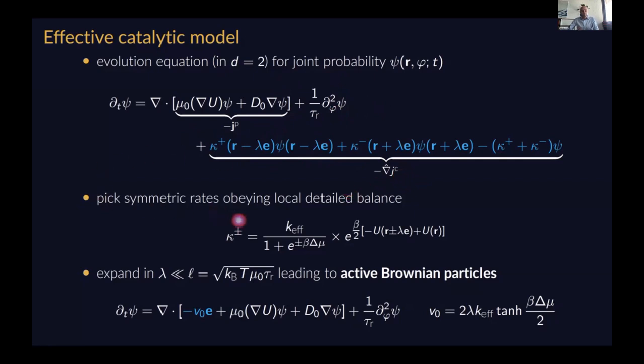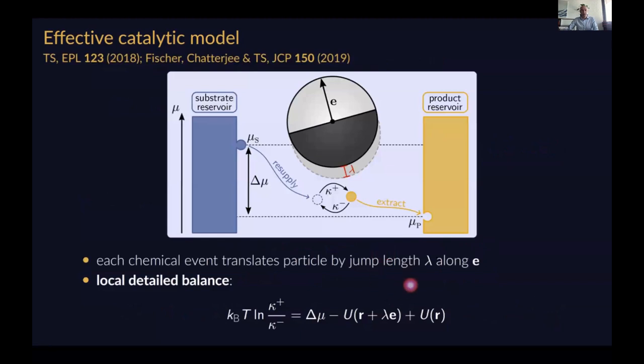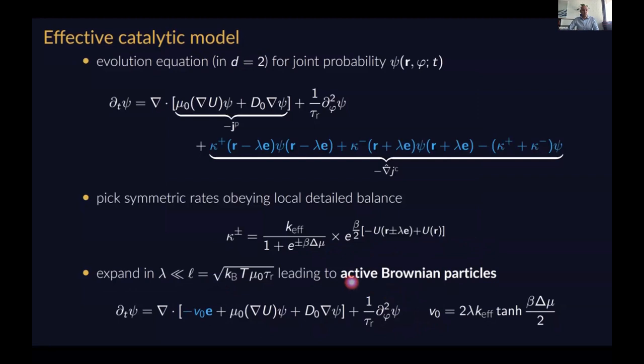And now we have to pick rates that agree with the rates that we picked for the simulations. The specific set of rates that we picked is shown here. Essentially, you have the attempt rate again, this effective attempt rate, the delta mu goes in, and then also the external potentials. If you plug this back into the previous slide, into the local detailed balance relation, then you find that this is obeyed.